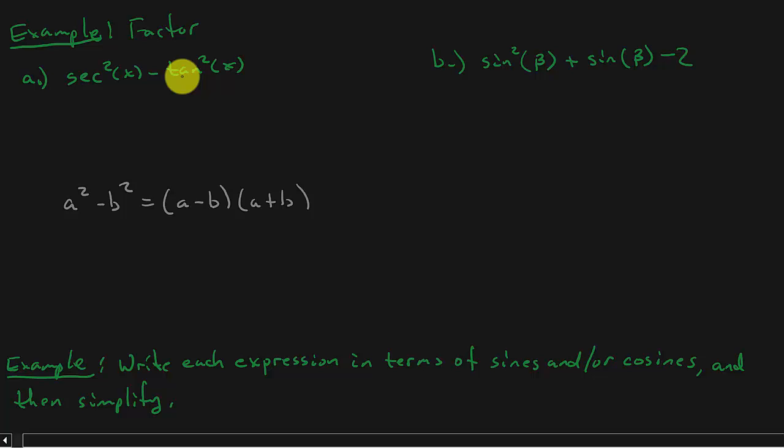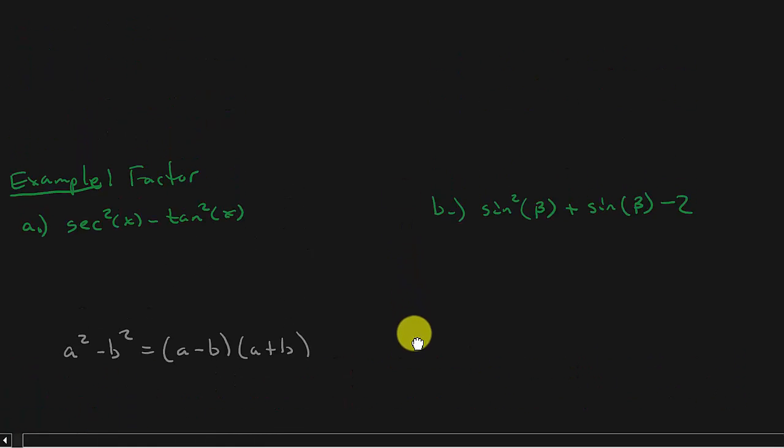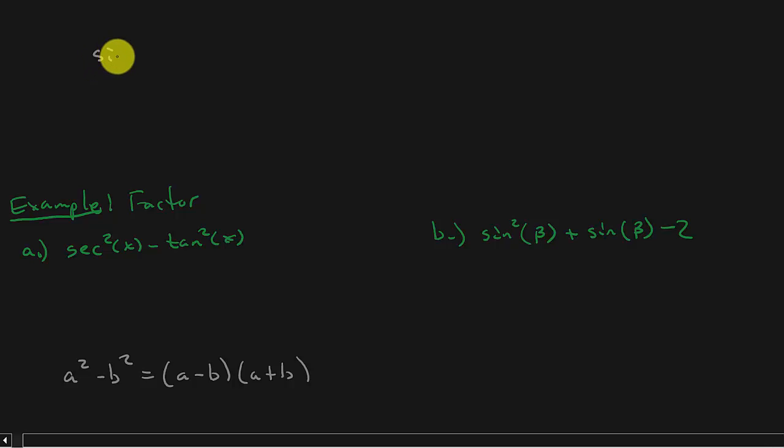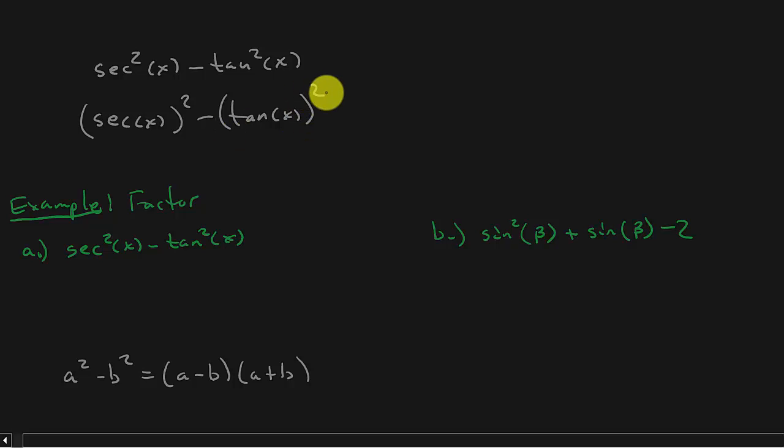Now, another thing I want to point out, I want to write this down. I'm going to do it up here. The one thing you've got to understand is that this secant squared x minus tangent squared x, and it goes for all of them, is all we're doing is squaring these functions. This is the same thing as secant x squared minus tangent x squared.